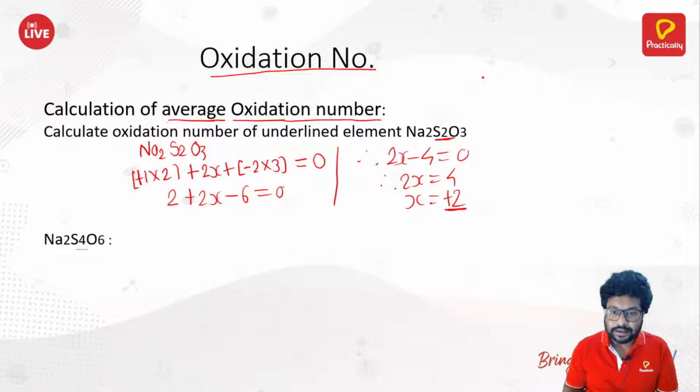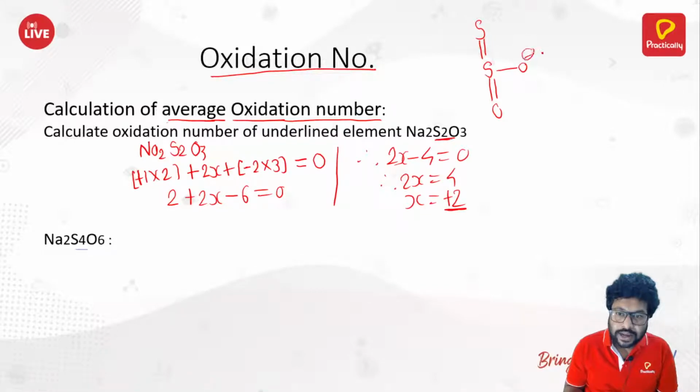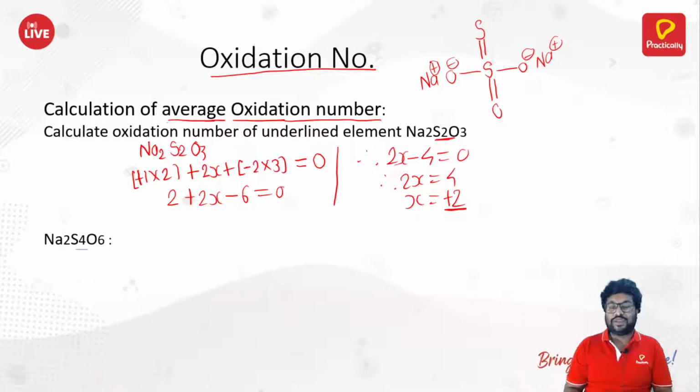Let's look here. S double bond S double bond O, O minus Na plus, O minus Na plus. That's how the structure of Na2S2O3 looks.